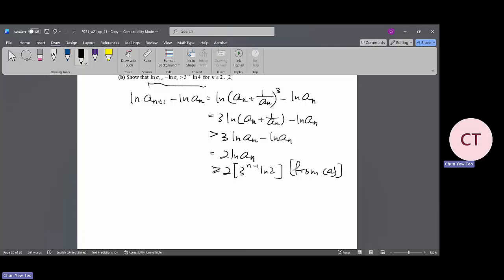So you will get ln a_(n+1) minus ln a_n is actually greater than 2 times, we can bring the 2 up, so you will get 3 to the power n minus 1 ln 2 squared. ln 2 squared is actually 4. So we just write it like this. Done. This will be the answer for question 3b.